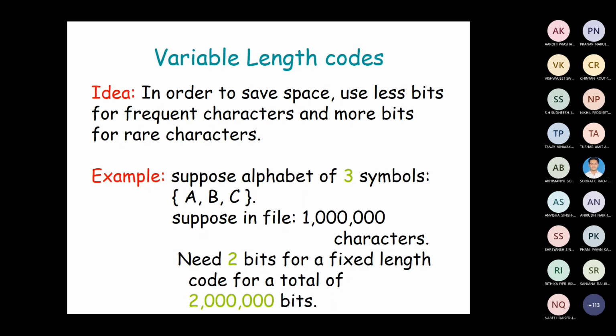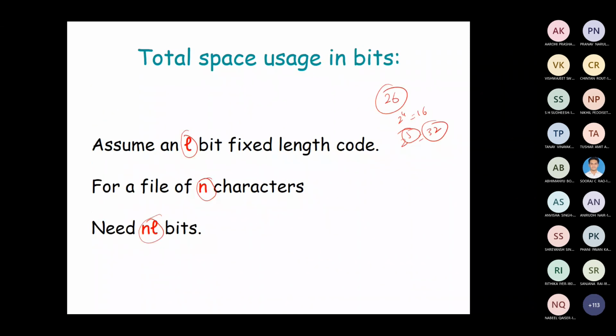Now what exactly happens here? Why are we not going to use a fixed length code? In any given language, when you create information, all the characters in that language will not appear with the same probability.